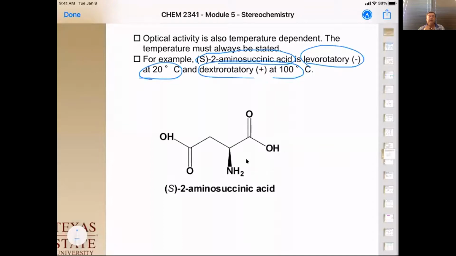Okay. So it has everything to do with how that molecule is interacting and spinning and whether it's bonding to itself or to other things. That changes how it looks in solution, and therefore it changes its optical activity. By the way, this is the chiral center.